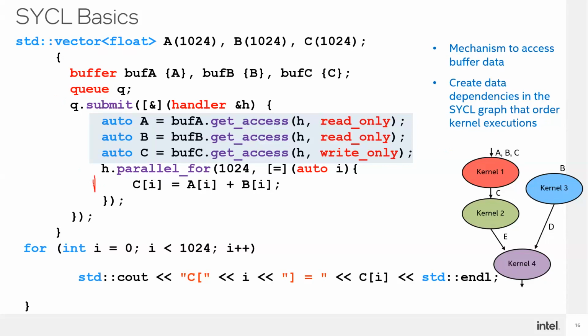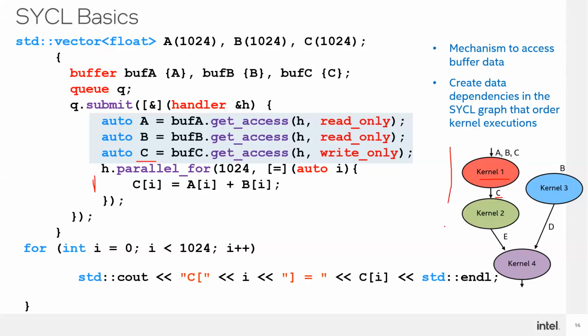But in reality, you may have multiple kernels. For example, imagine kernel 1, like here, where we have inputs A, B, C, and we are writing to the C buffer, right? So C is an output of this kernel, but think about another kernel which may use C as input data and produce E, or a third kernel which doesn't need C but needs B, which we read only in kernel 1, which means kernel 3 may be executed in parallel.